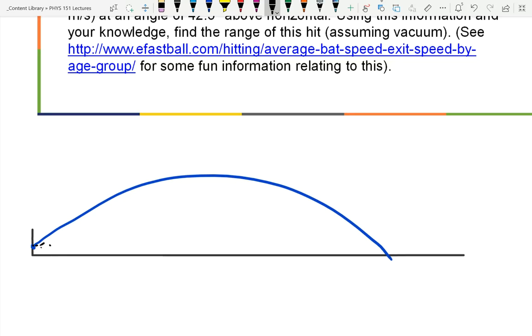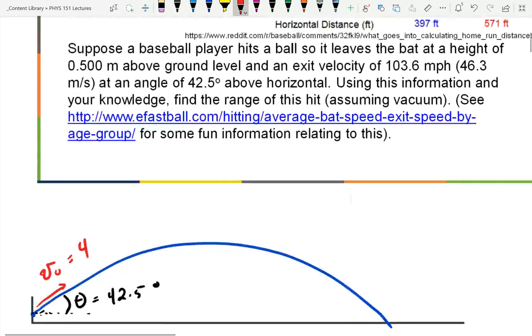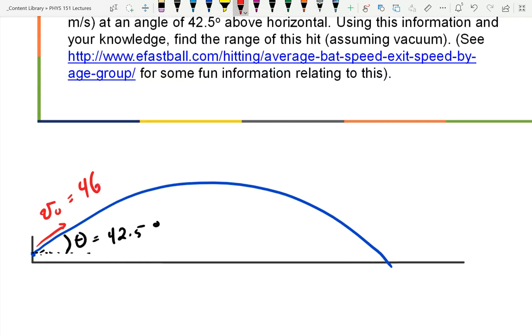That was a nice horizontal line. 46.3 meters per second is what that comes to be in the metric units.